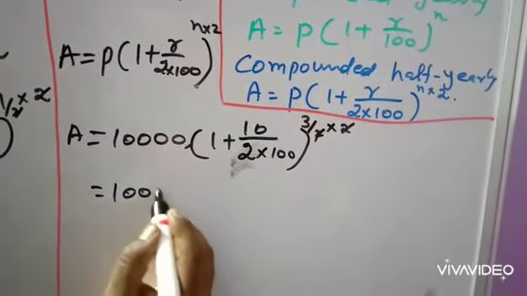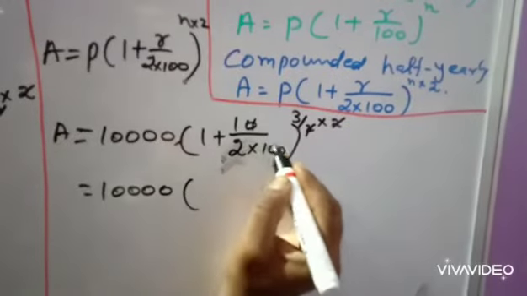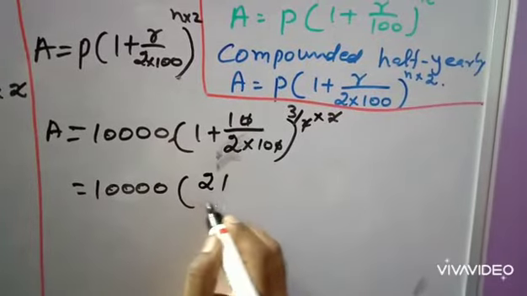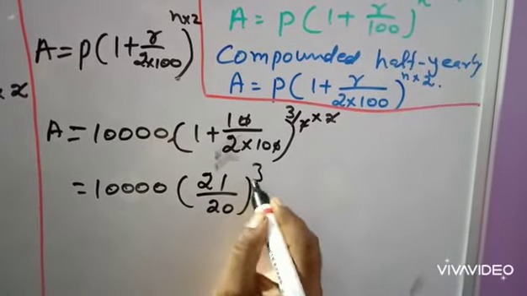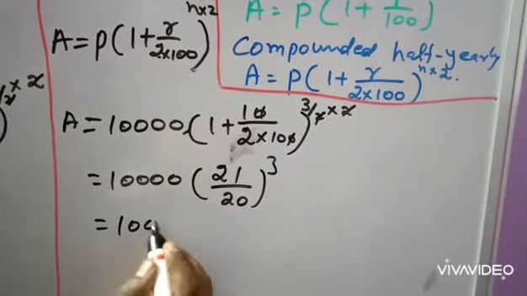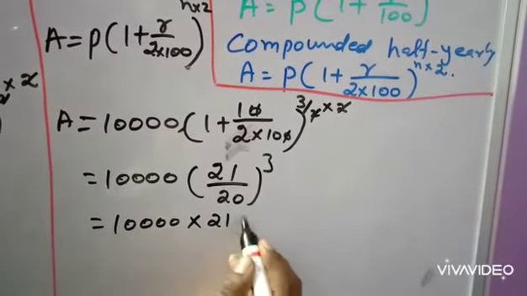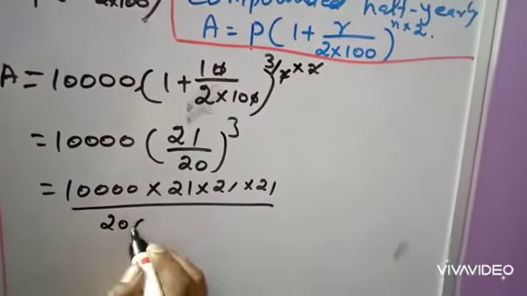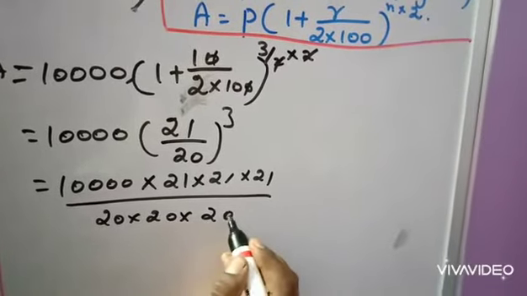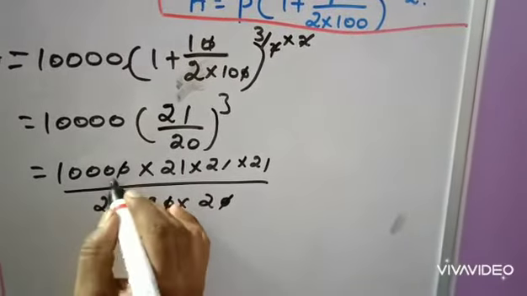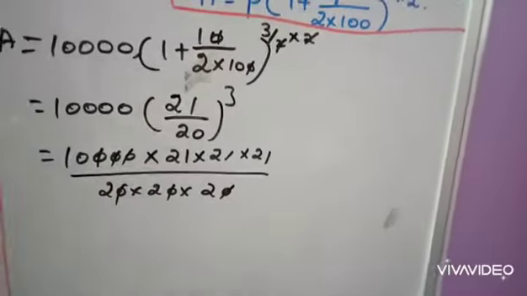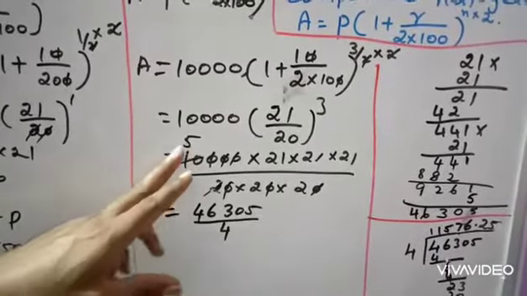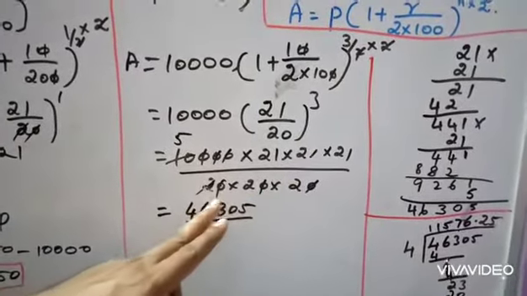So equals 10,000 into, this 10 we can remove, so 20 LCM, 21 by 20 power 3, equals 10,000 into 21 into 21 into 21 divided by 20 into 20 into 20. So we can remove 3 zeros. This 2 into 10, so we will get 5. So now we have 5 into 21 into 21 into 21 divided by 4.